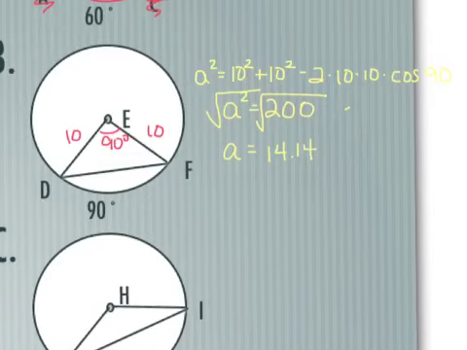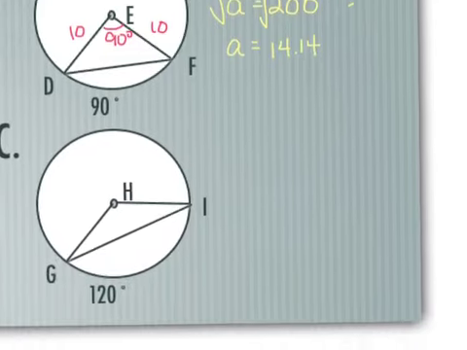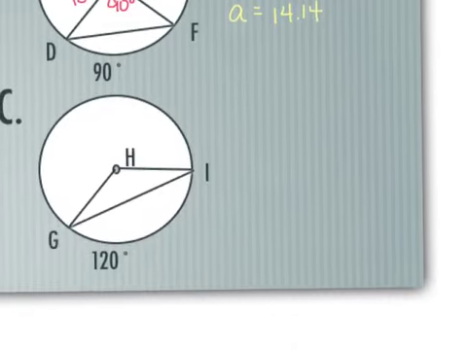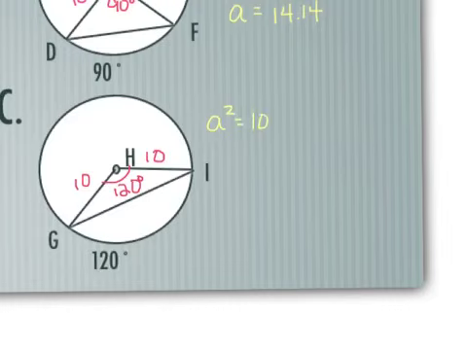And let's try one more. Again, the only difference is now I'm changing the measure of that angle. This is still 10 and 10, my radius is still 10. Now my angle is 120 degrees here. So my setup would look like this. A squared equals 10 squared plus 10 squared. Are you getting bored writing this down yet?